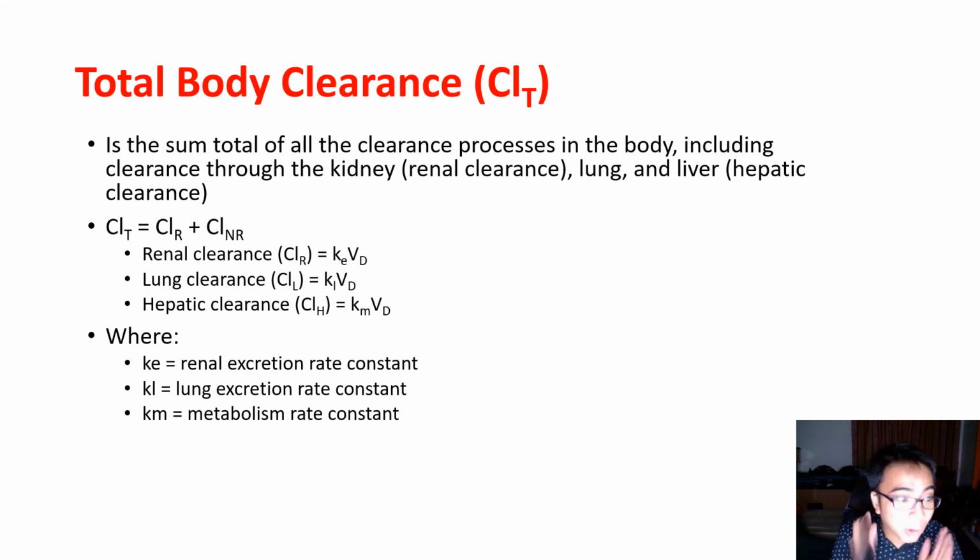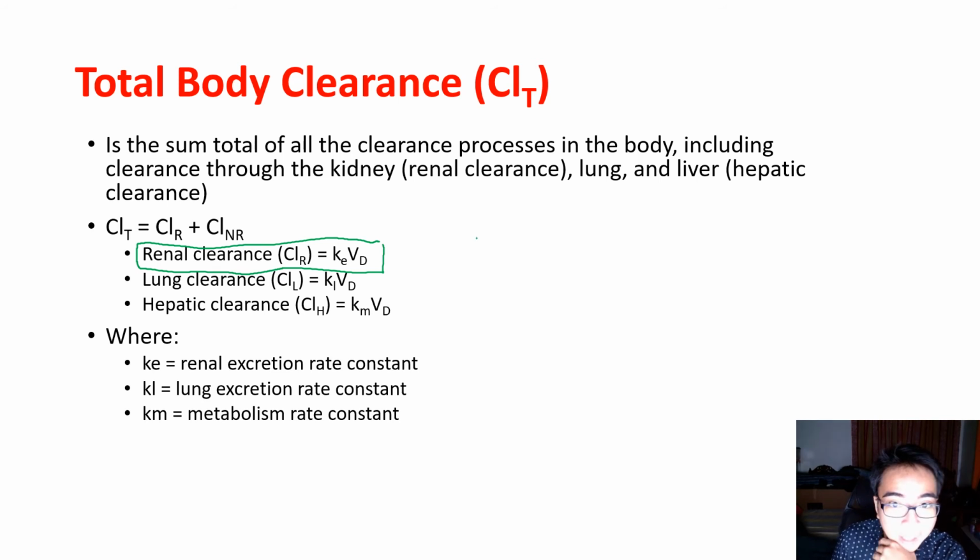So, when we talk about total clearance, class, we're going to combine the clearance from your kidney, from the lungs, from the liver. Siyempre, toxic naman kung magkukumpute tayo ng sandamakmak na ganun, right? So, that's the reason why, class, most often than not, we're just discussing the most significant route of excretion, which is the renal clearance.